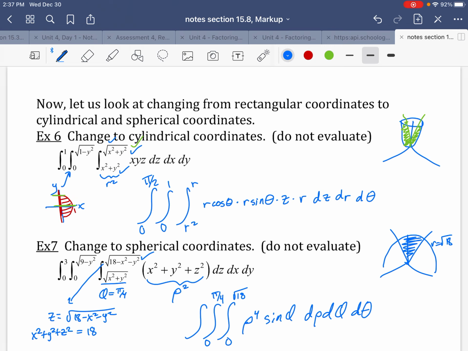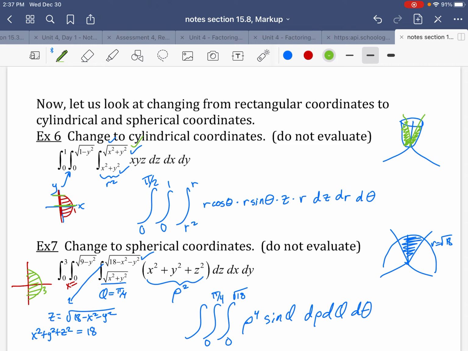And then this other portion right here: x goes from 0 to the square root of 9 minus y squared. Remember, that was the right side of a circle with radius 3. When you're solving for x, the positive side is the right side, so you were staying in that region.